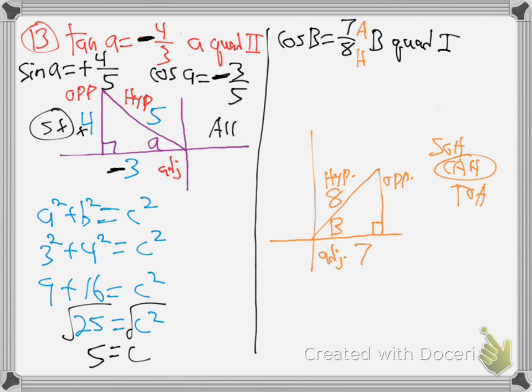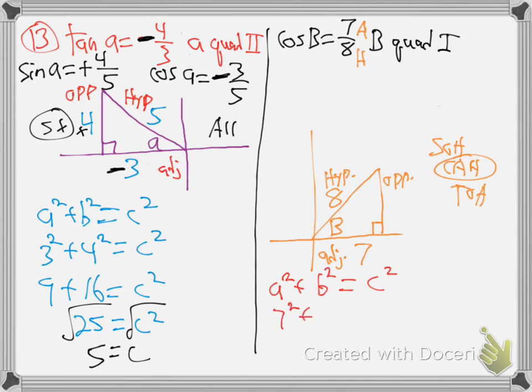Am I racing ahead of you? Good to there. So do the Pythagorean theorem, find that third side. So that'll be a squared plus b squared is c squared.